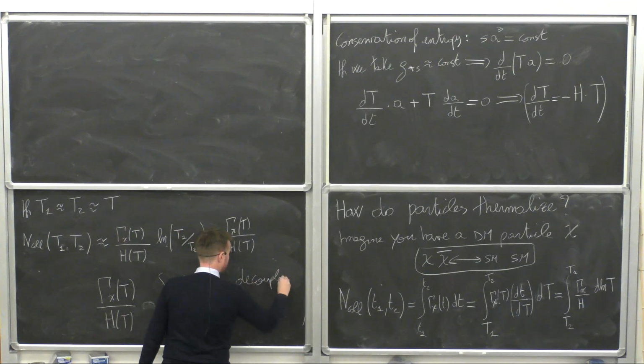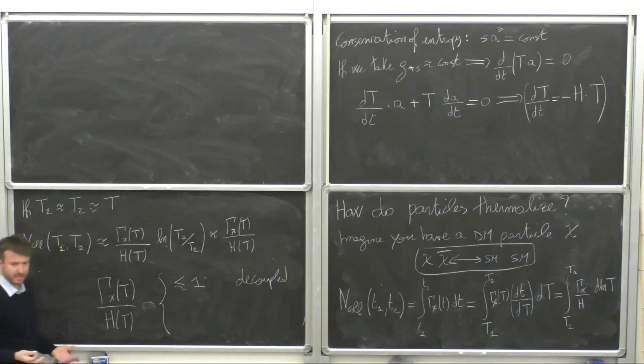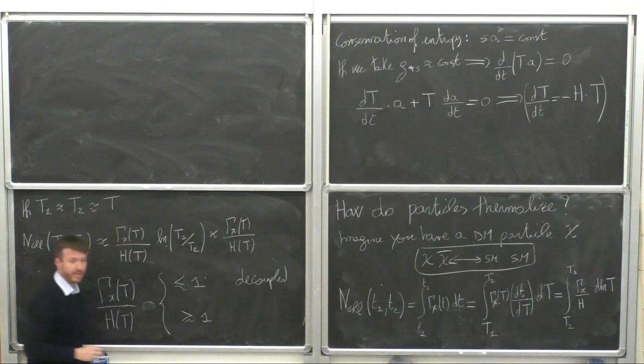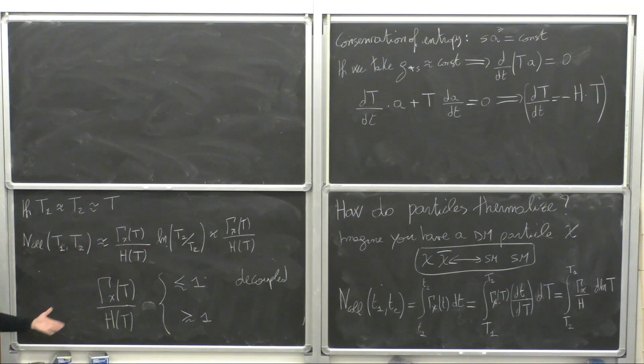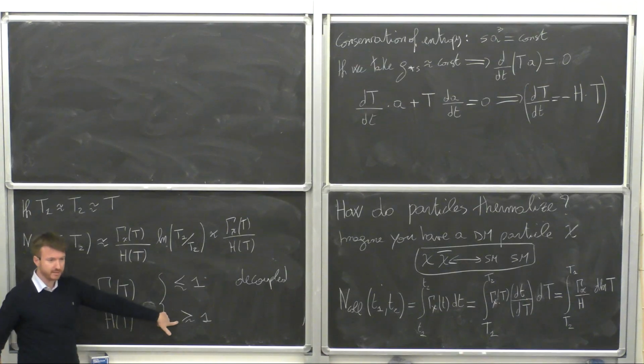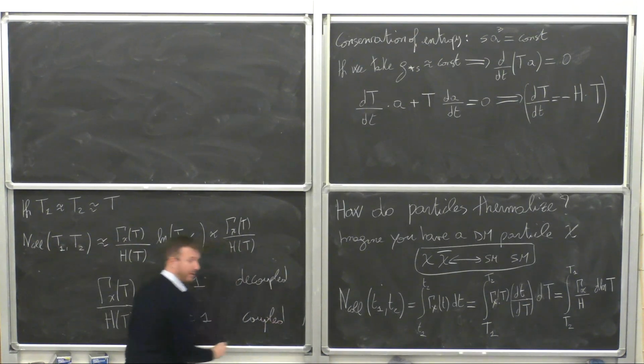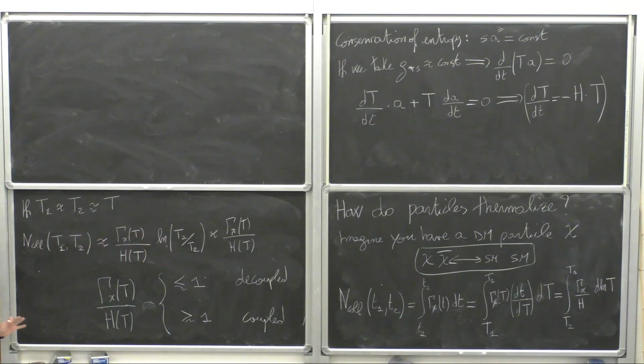So you can say that chi particles are decoupled. Of course, you would be happier if you have more than 1 collision, but let's say you need at least 1 to say that the chi particles are coupled. This is a very naive estimate, but it works very well.